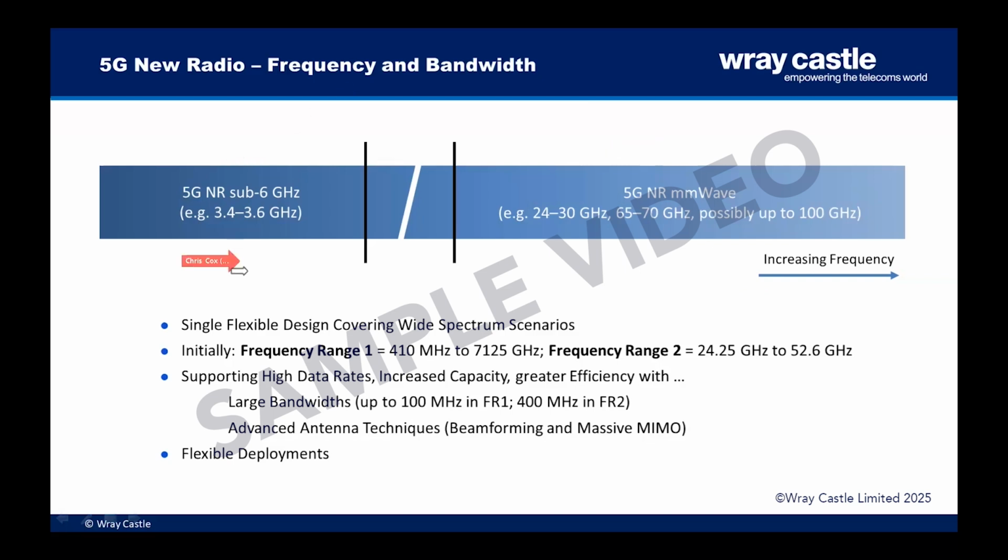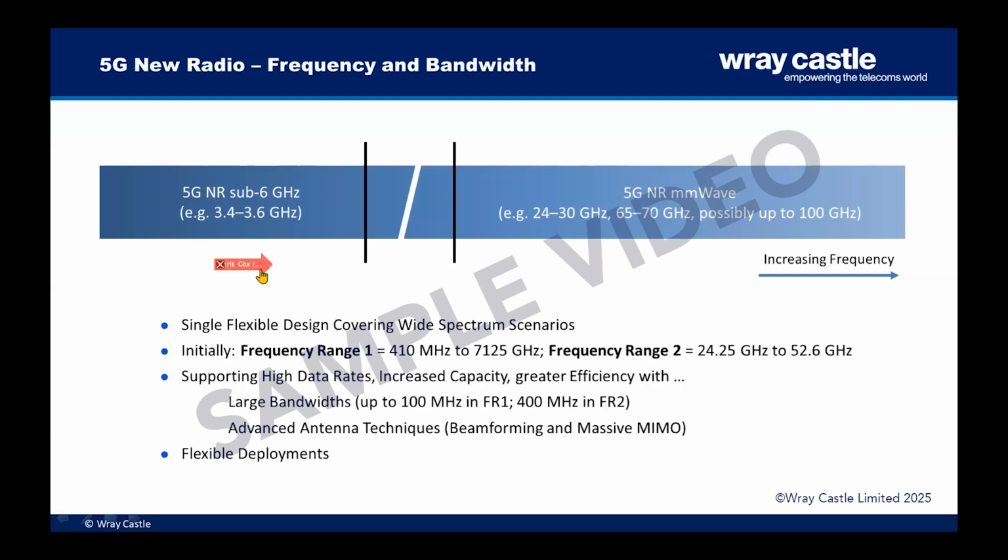Frequency range number 1 overlaps with the frequencies previously used by LTE systems, typically 1 up to 4 gigahertz or thereabouts. Frequency range 2 is at frequencies of tens of gigahertz, often known as millimeter waves because of their radio frequency.